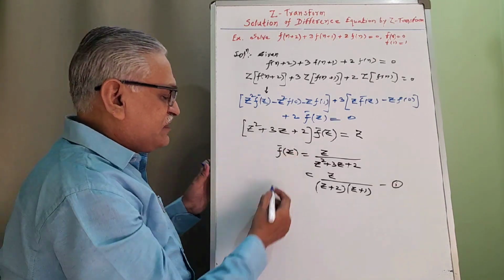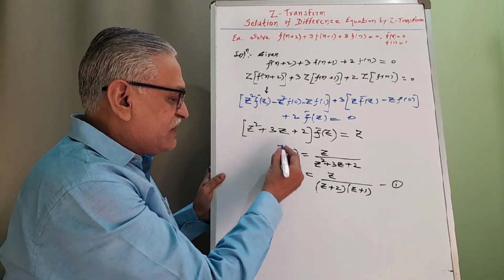Then we have to apply inverse Z transform technique to find the value of f of n. For that, the first step is multiply both sides by z raised to n minus 1.